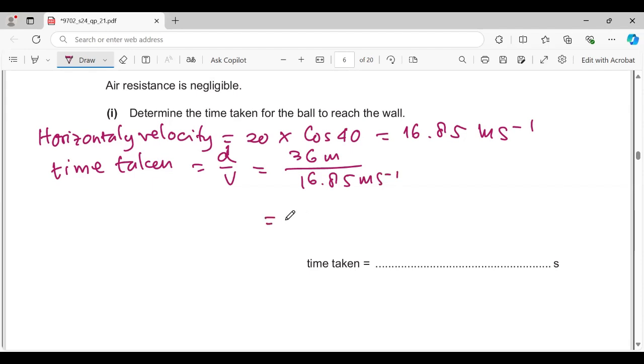If you calculate, you find the result 2.1 seconds. So this is 2.1 seconds.